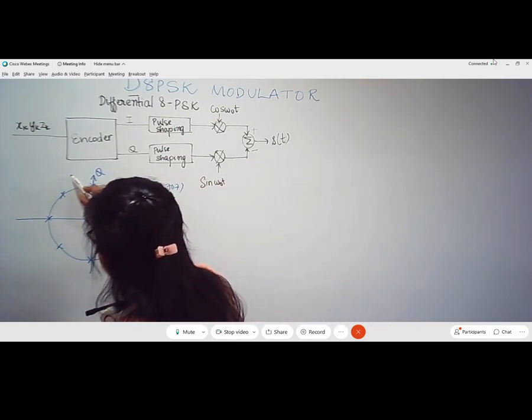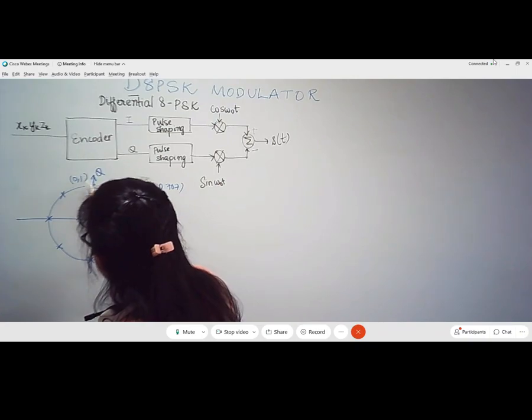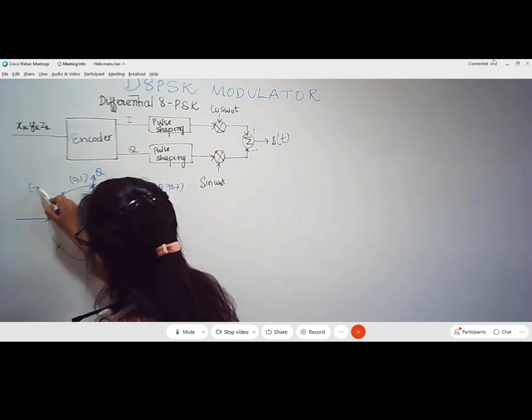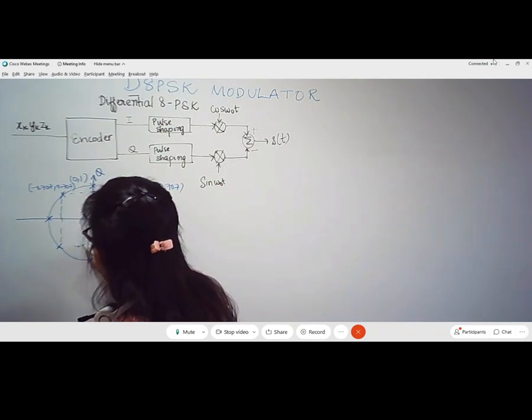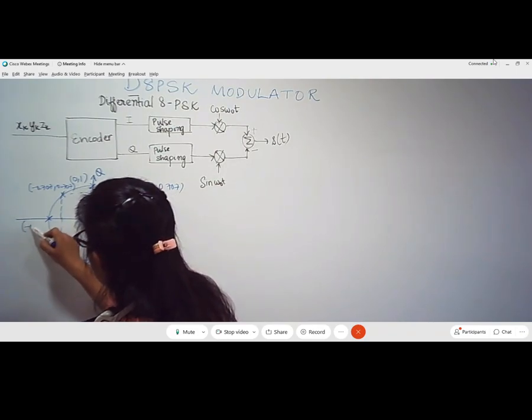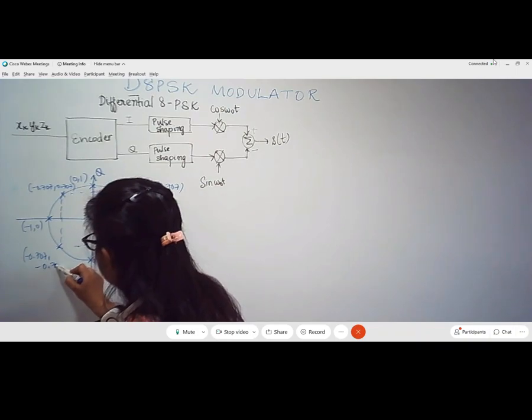Coming to the third symbol, this is 0, 1 and this is minus 0.707, plus 0.707. Okay. Similarly, the fifth symbol is going to have minus 1, 0. This one would be minus 0.707, minus 0.707.